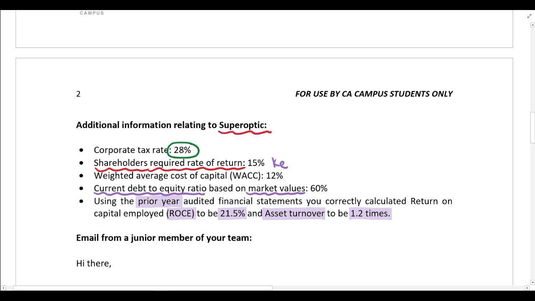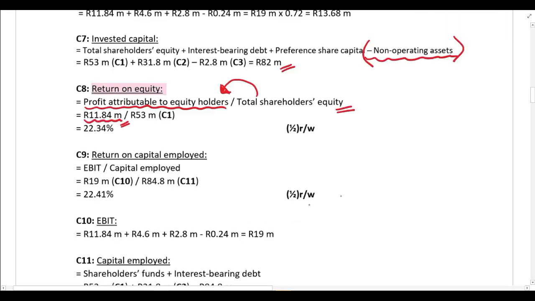So the shareholders' required rate of return is the minimum return that shareholders want in order to compensate for the risk that they are exposed to. So the shareholders of SuperOptic want a return of at least 15% to compensate them for the risk that they are exposed to. We can compare the minimum return that they want to the actual return achieved in the current year in order to determine whether this indicates positive or negative performance.